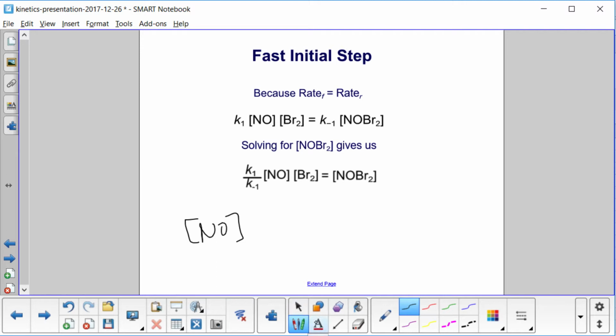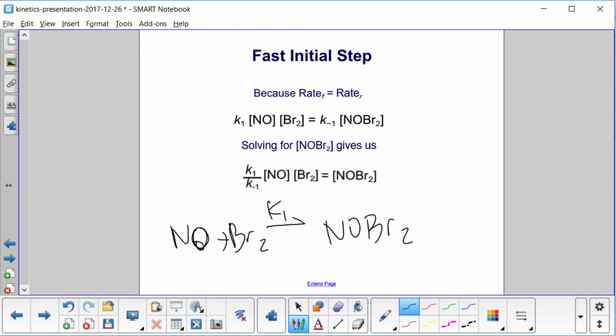Okay, so I'm going to rewrite step 1 of the reaction mechanism here just to refresh our memory. So I have NO plus Br2. And the forward reaction has a k1 to produce NOBr2, our intermediate. And the reverse reaction, k minus 1. Okay.